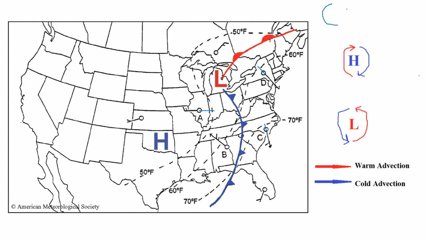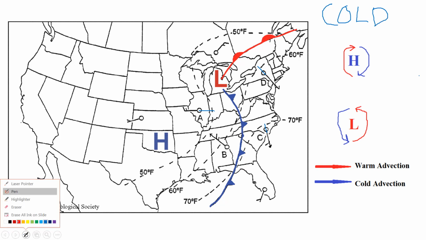And so the poles are going to have cold air. Meanwhile, as you head towards the southern portion of the map, you're heading towards warm air.